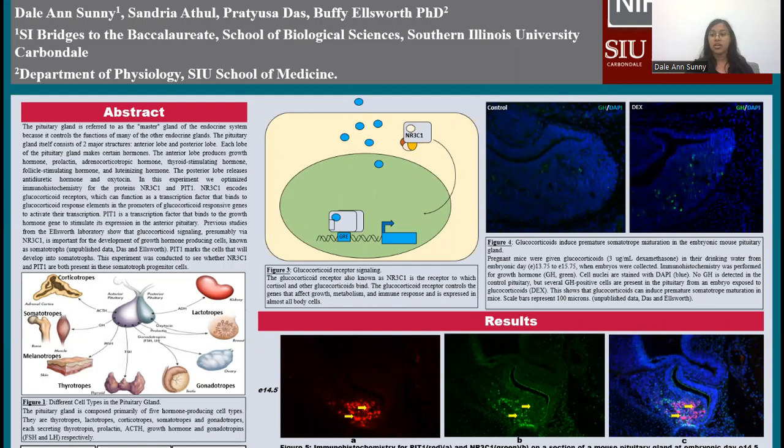When glucocorticoid hormones come together, the NR3C1 binds to the glucocorticoid hormones and leaves the HSP, and it moves into the nucleus where it binds itself to the GREs, glucocorticoid response elements, and it activates gene expression. The glucocorticoid receptor basically controls the genes that affect growth, metabolism, and immune response, and it's expressed in almost all of the body cells.